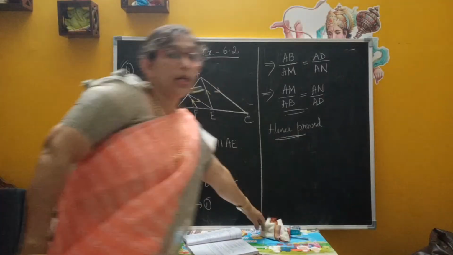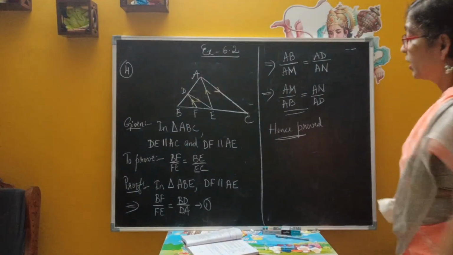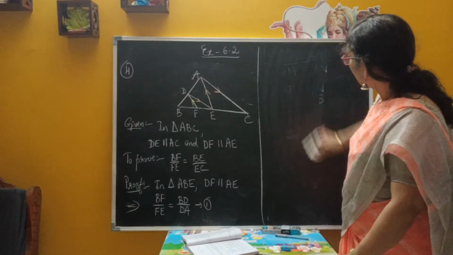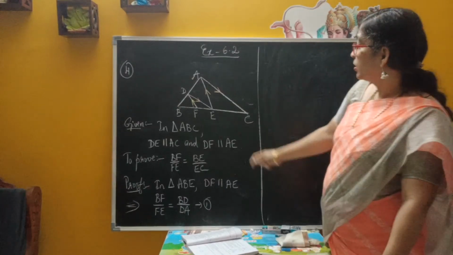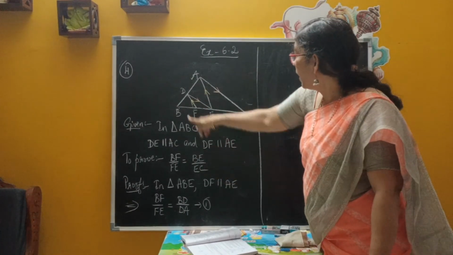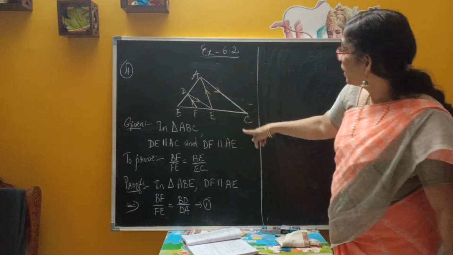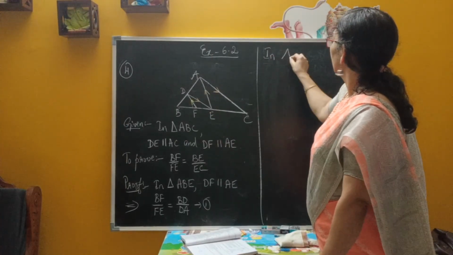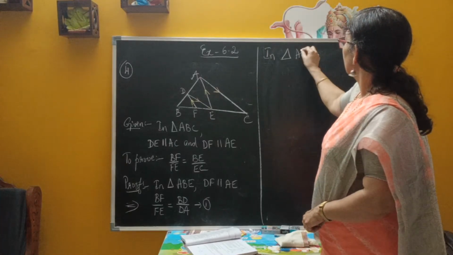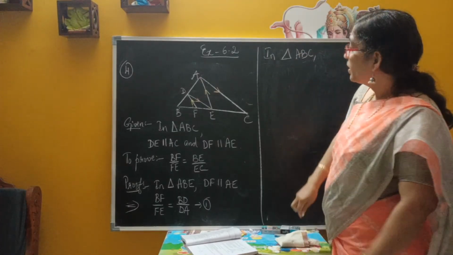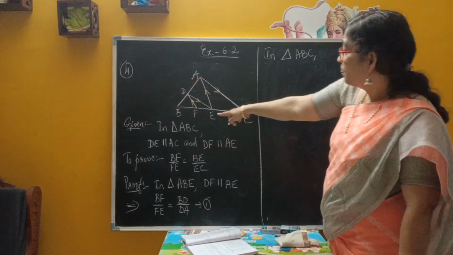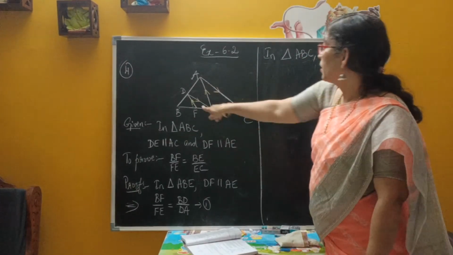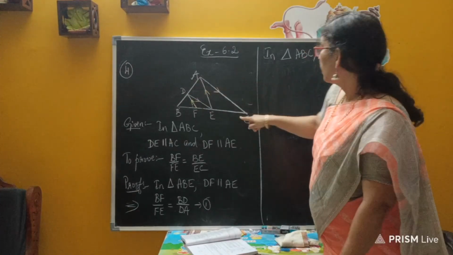Now take the other triangle. Other triangle which contains which one? BE by EC. BE and EC. Which triangle is there? Check that. So BE and EC are in the triangle ABC. So right now in triangle ABC, which are parallel sides to say they are equal? Here in triangle ABC, DE parallel to AC.